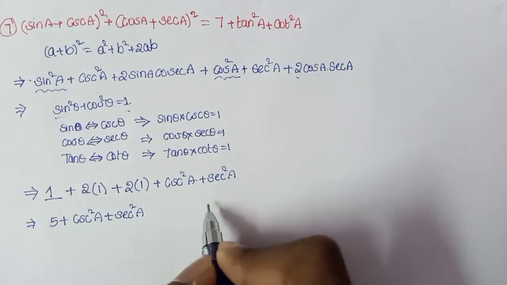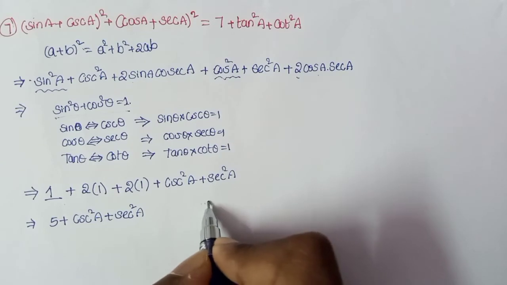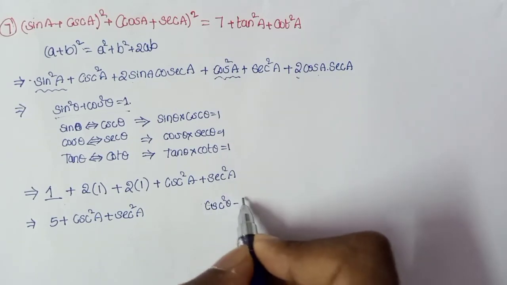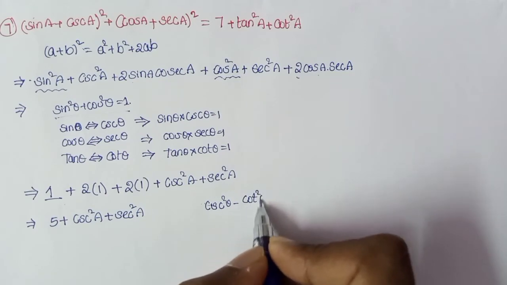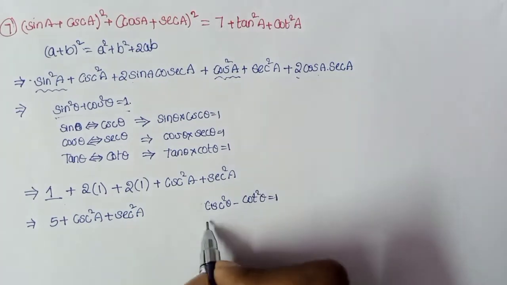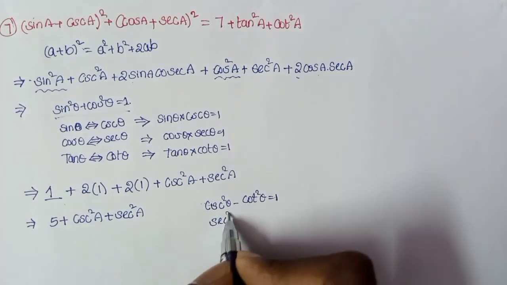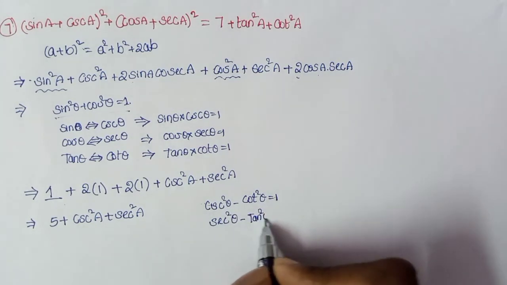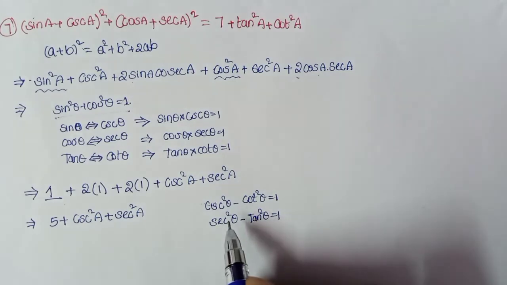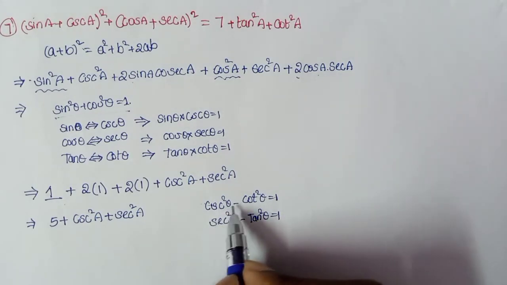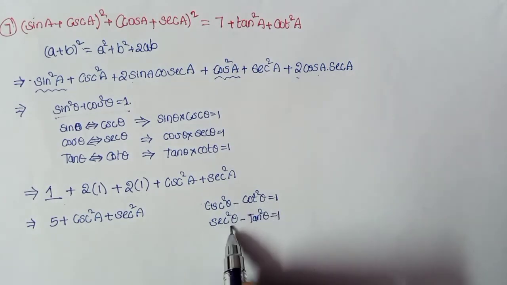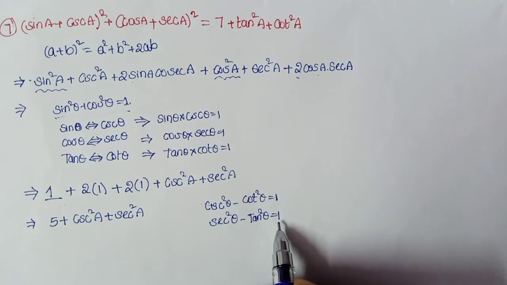We write cosec square theta minus cot square theta is equal to 1, and sec square theta minus tan square theta is equal to 1. That means cosec square theta is equal to cot square theta plus 1, and sec square theta is equal to tan square theta plus 1.